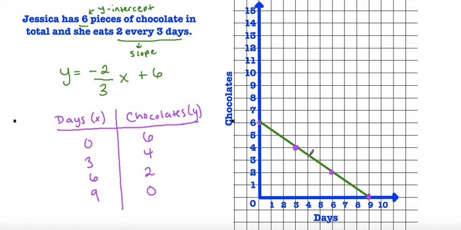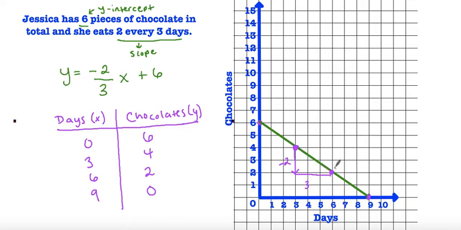Okay, and so at any point in time, we could draw our triangle. And so we'll notice that from this coordinate to the other coordinate, we're going down 2. And that's in 3 days. So she's eating 2 in 3 days.